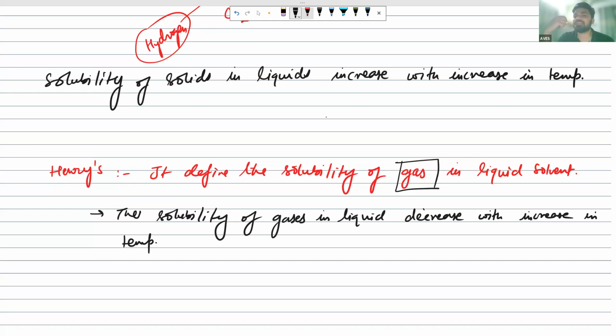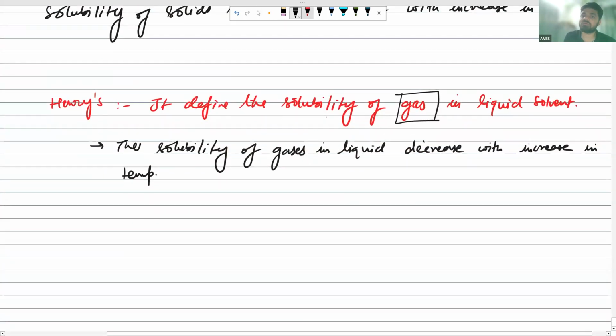The more pressure you apply on the surface of the liquid by the gas, the more the gas will get dissolved. Okay, you understood? Please note it down.